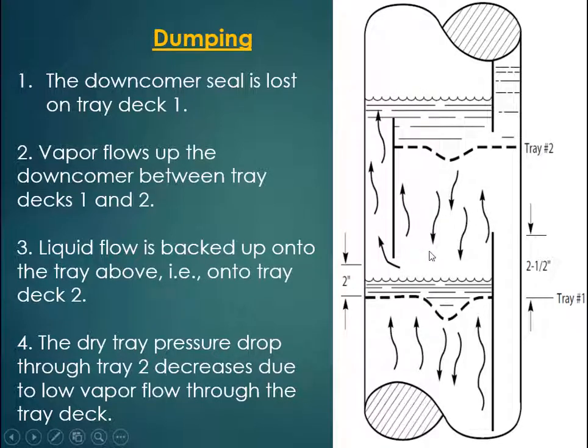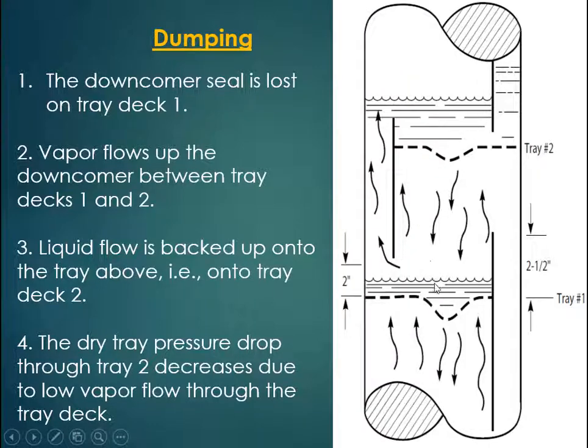Why? Because the vapor flowing from tray 1 has higher pressure, and if the higher pressure vapor goes this way, then liquid will not be able to drop through this downcomer. Because of that, liquid will back up on this tray. Two things will happen.